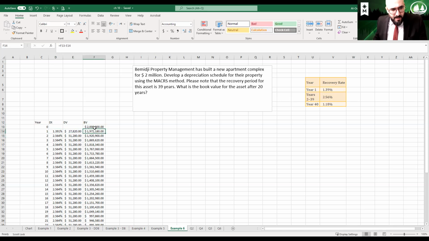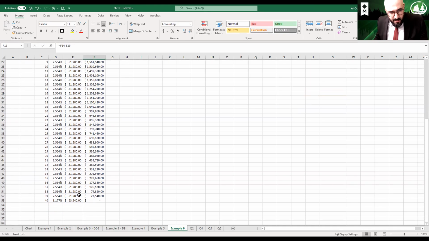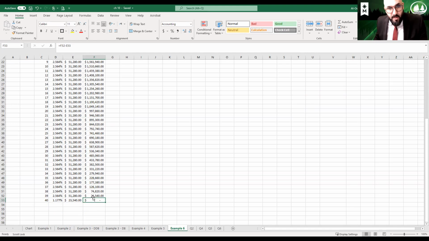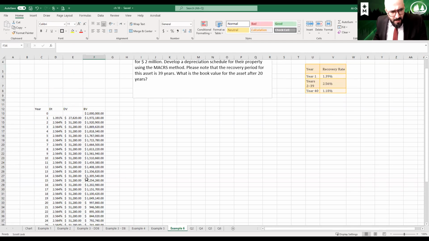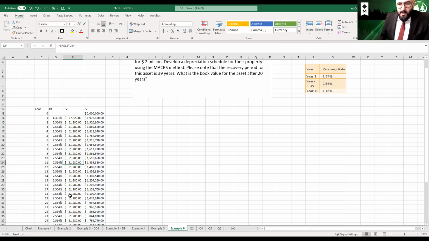To find the book value, we subtract the depreciation value from the book value of the previous year. At the end of that 40 years, this asset will be worth nothing on the books. And to answer the question, what would be the book value on year 20, it would be the same result as we calculated, which is about 1 million here, just following the same techniques that we've learned in this chapter.